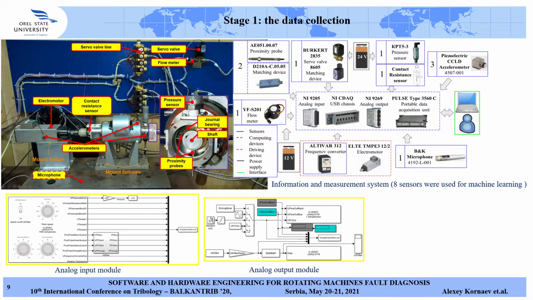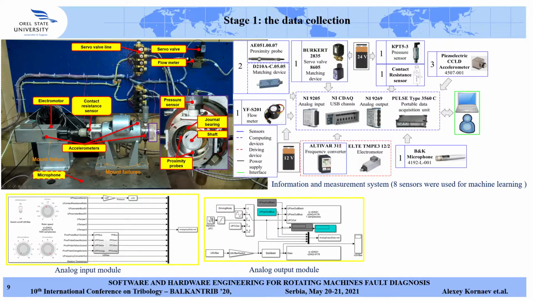In our research, the first stage was connected with the experiment and the test rig. Here you can see the rotor machine operated with journal bearings, and we have a multisensory measurement system that includes proximity probes, accelerometers, a contact resistance sensor, a flow meter, a pressure sensor, and so on.